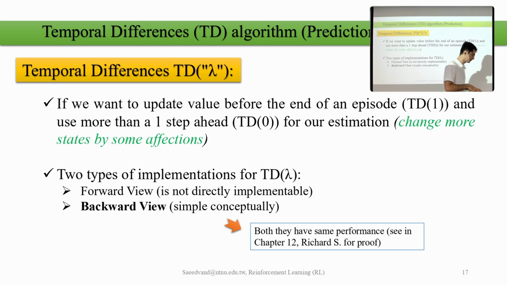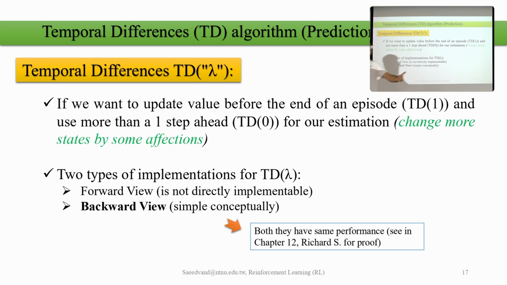So it means that during the episode, at each step that I am going, not only am I going to update the value of two consequent steps, but I also consider the other updates for the values of other states.